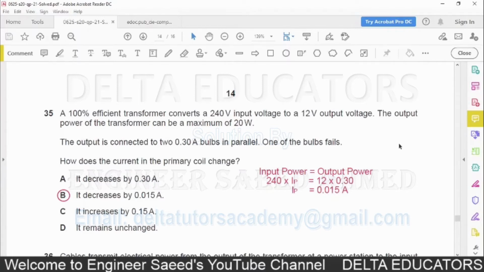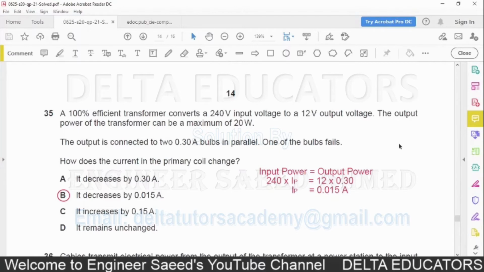In the topic of transformer, we have studied that power on the primary side is equal to power on the secondary side. Or we can say input power is equal to output power. Now power is given as the product of voltage and current.